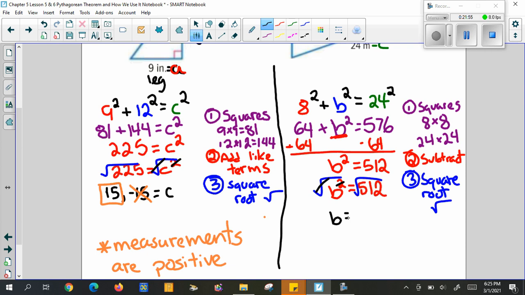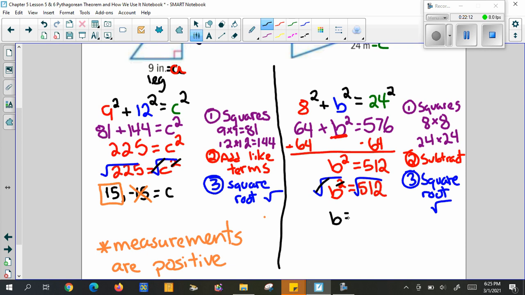Now let's see. Using my calculator, the square root of 512, I get a really long number.